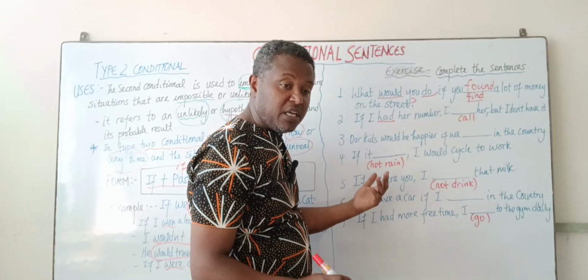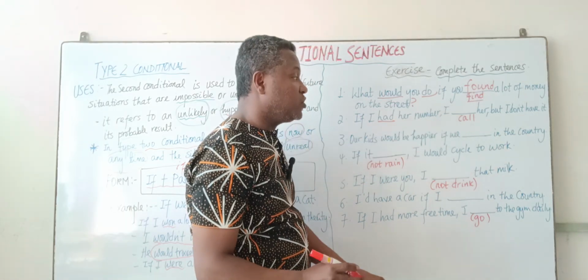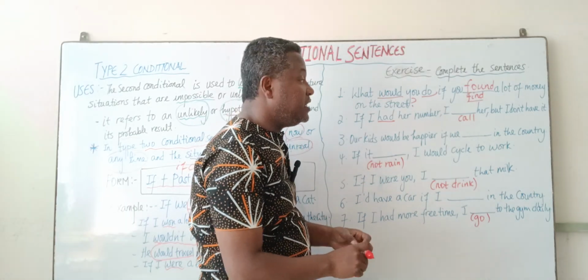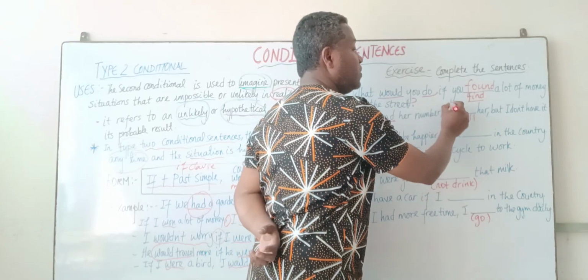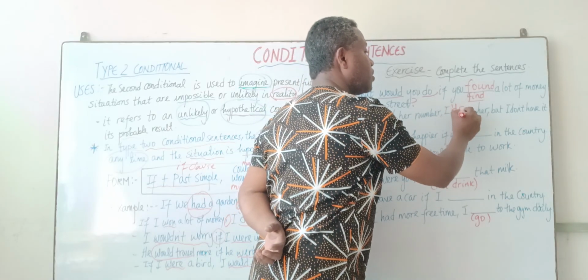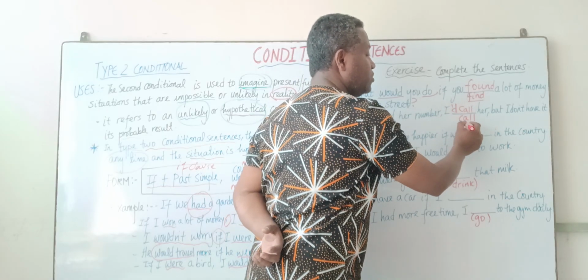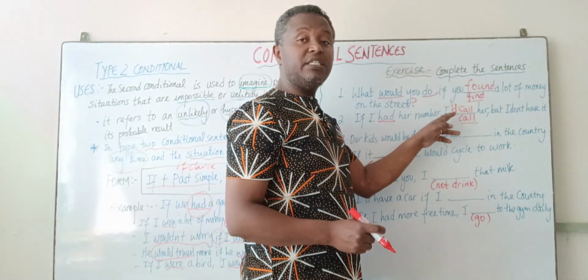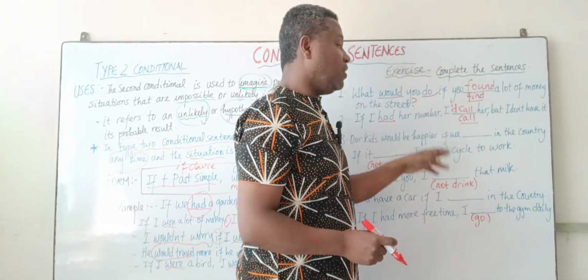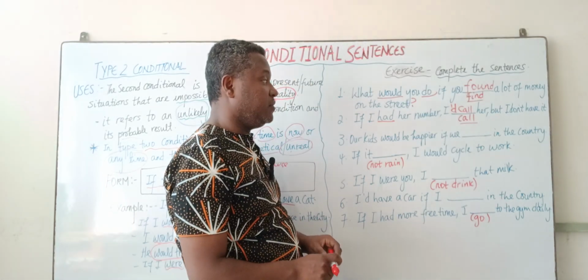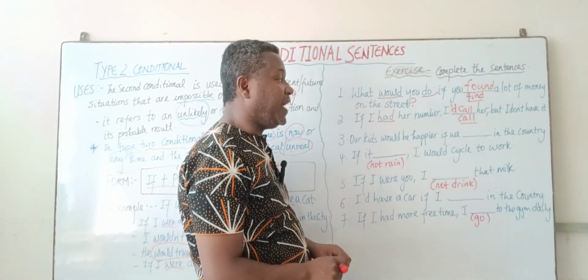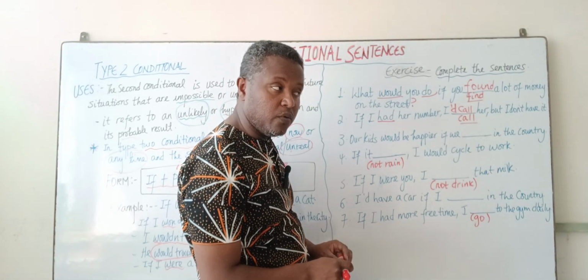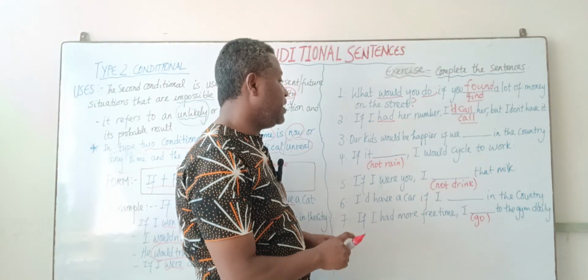So it is I would call her. We don't change the verb, we put it as it is, but we need to add would. I would call her if I had her number.